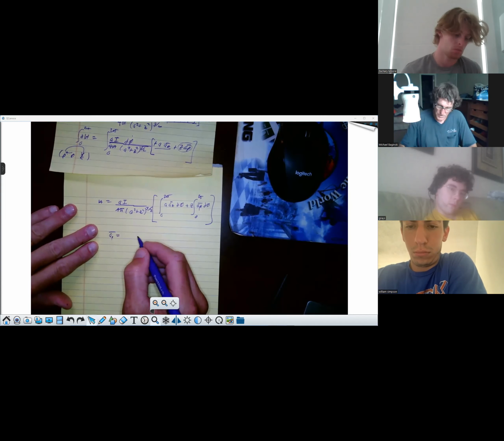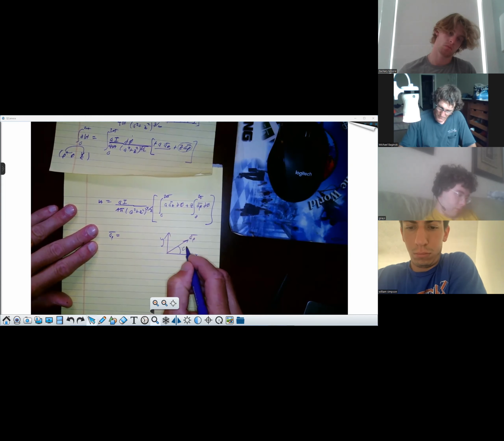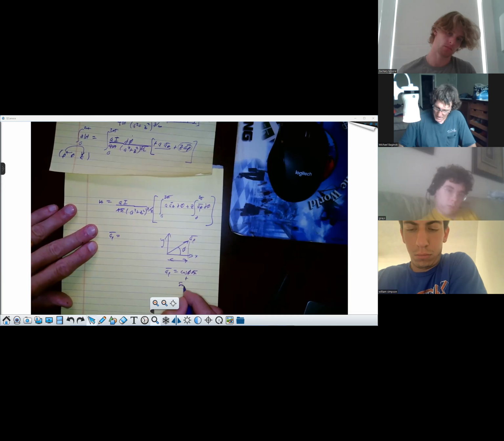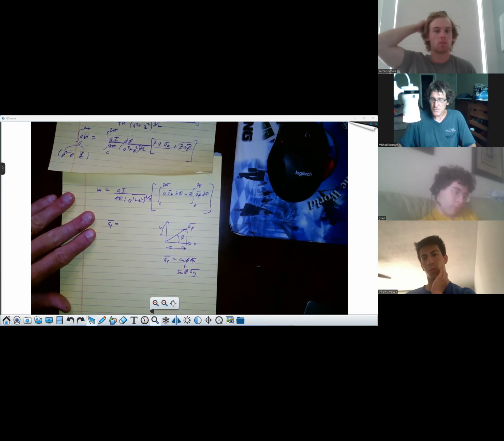If you think about what A rho is, this is x, and this is y, and we have a unit vector here, A rho, at some angle phi. Then A rho has a magnitude of 1 and is simply equal to the cosine of phi A x plus the sine of phi A y. Can you all see what I've done there, class? Some of you remember this from before.